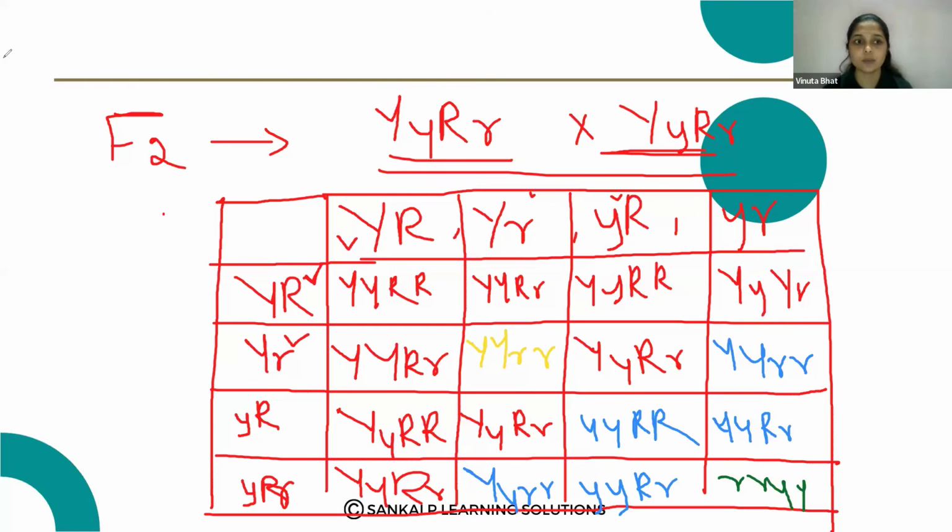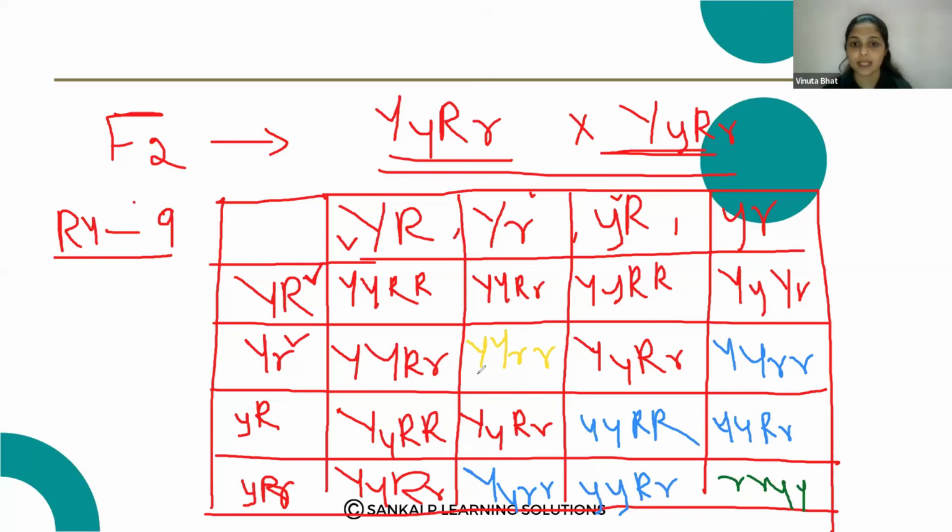So count the number of plants that are producing round yellow seeds. That is the parental type, right? So here round yellow seeds: 1, 2, 3, 4, 5, 6, 7, 8, 9. So here 9 are round yellow seed producing plants. That is the parental type. Okay.